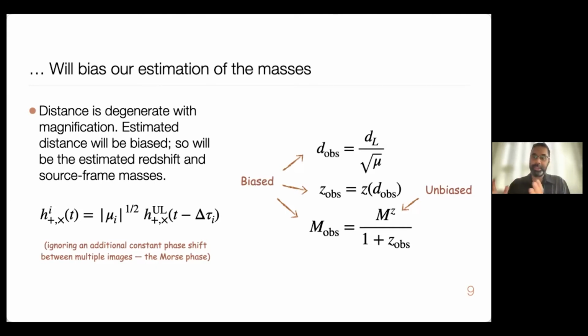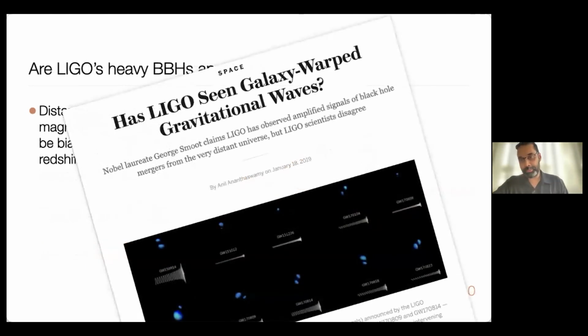So we will incorrectly attribute a higher mass to the compact binary system that we are measuring. In fact, some astronomers have claimed that all the heavy-mass black holes that LIGO has observed are due to gravitational lensing.